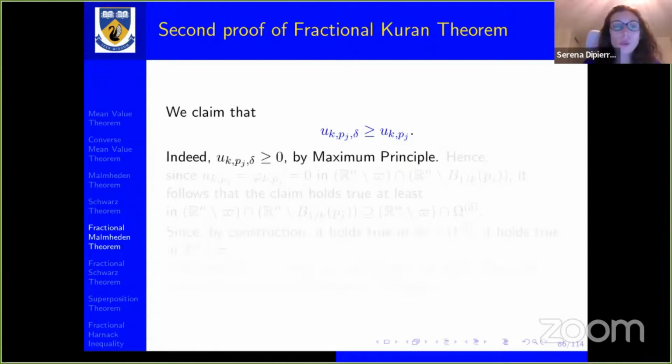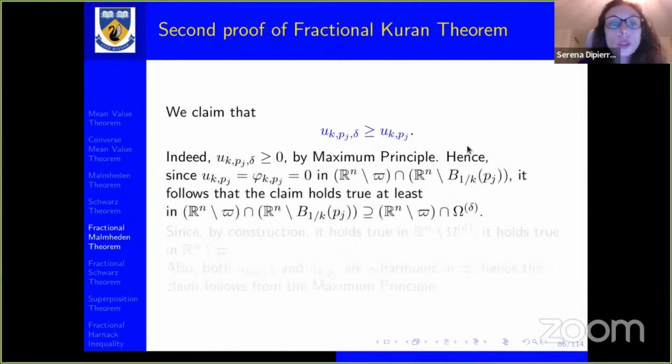So why is this true? Well, by maximum principle, UKPJ delta is positive because the outside datum is positive, and the maximum principle is satisfied. And also, outside Rn minus var p, and outside B1 KPJ, if I am outside the ball B1 KPJ, UKPJ is equal to phi KPJ because I am outside var p.